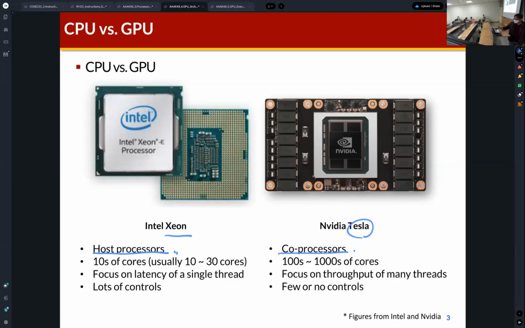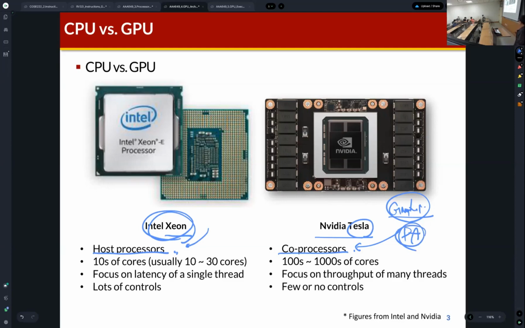So the general purpose application, like the normal CPU application, runs on the Intel Xeon processor. Actually we used GPUs for graphics applications, but recently we use GPUs for parallel applications.